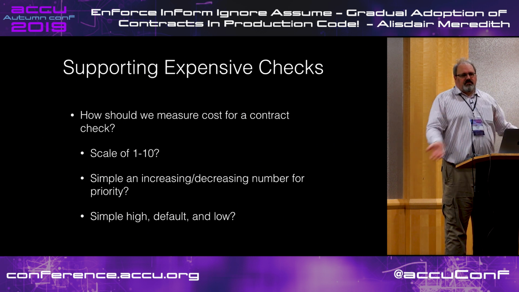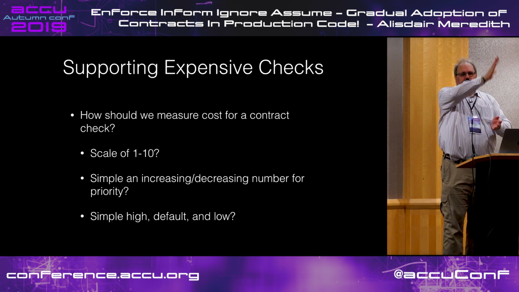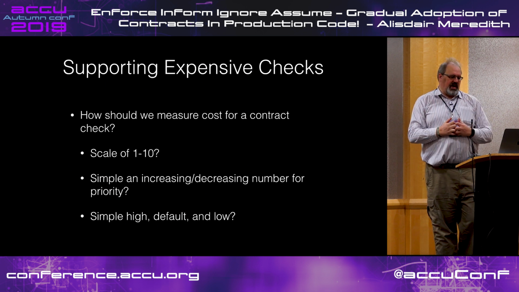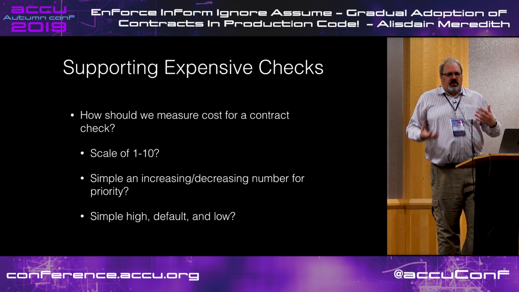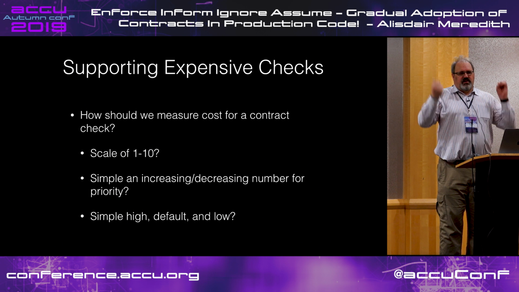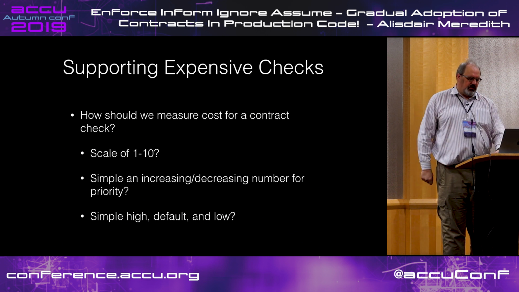Or as things get more and more expensive, I'll just keep putting up a number without bound and arbitrarily pick what's expensive. I want to have costs, run checks at this cost or less. Or we could have something just as simple as saying a check is either high, default, or low cost, with most checks somewhere in the middle.